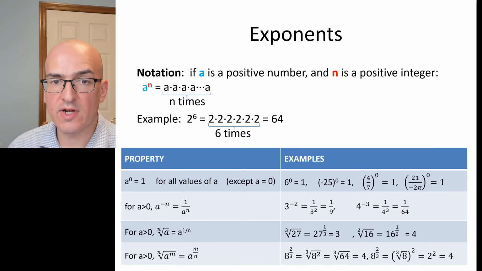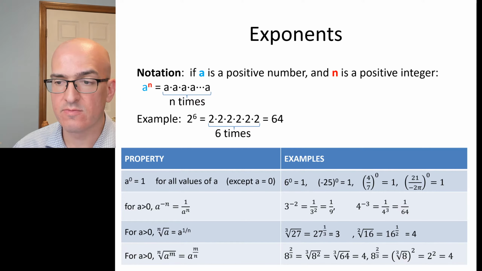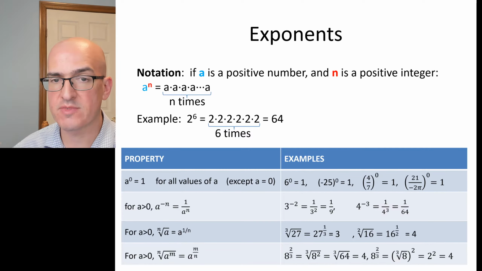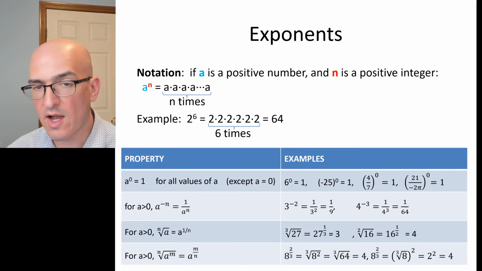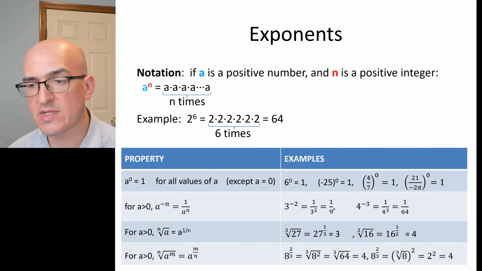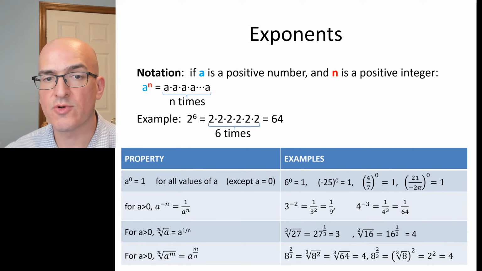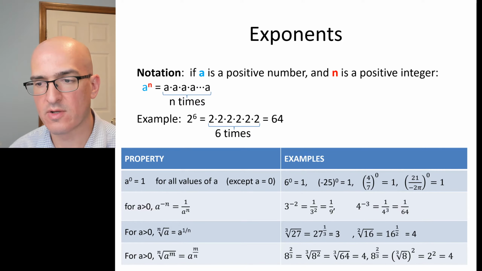Or you can interpret it as take the cube root of 8 and then square it. Cube root of 8, what number multiplied by itself 3 times gives you 8? The answer is 2. Now 2 to the power of 2, you get 4. Notice that both approaches give you the same final result. Which one's better? I think in this case the second one is better, because taking a root of a number like 8 produces a smaller number.